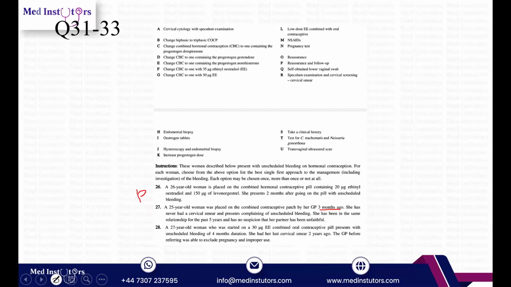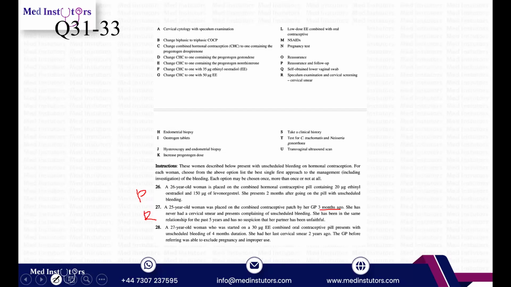Okay, Dr. Husni and Dr. Ruby are saying R. Right, this is R. We have to get an examination done, and obviously smears because she has not had smears.